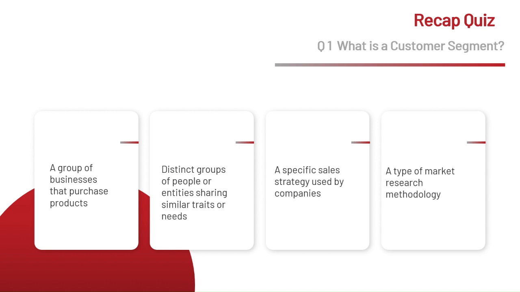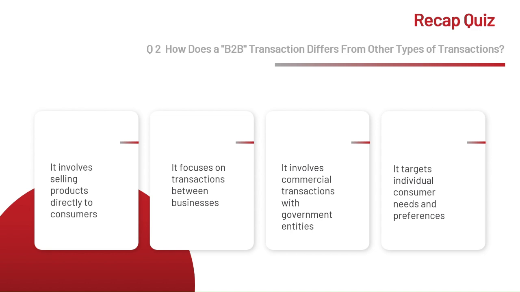Customer is a very important stakeholder for any organization or any industry, right? So here I mentioned four questions. I hope you know the answers. How does a B2B transaction differ from other types of transaction? B2B is nothing but business to business transaction.